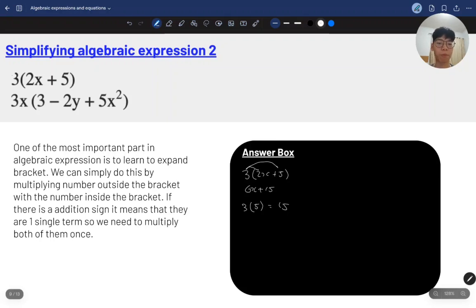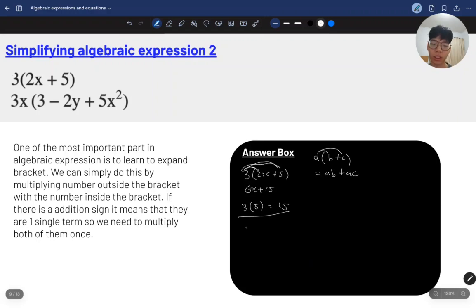Since 3 and bracket 5 have no space, no symbol, they are supposed to be multiplied, which becomes 15. In this case, because it's 3 bracket 2x plus 5, and we don't know what the value of x is, we should multiply to both of them. If we express this in variables, we could do this. a bracket b plus c equals ab plus ac, because we're multiplying that and that.